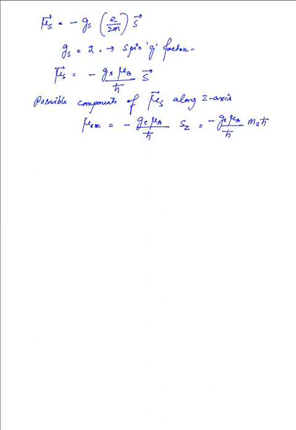So the h bar terms get cancelled out, and we have minus gs mu b times ms. Now because g is 2 and ms is equal to either plus or minus half, from this expression you can also write mu sz to be equal to plus or minus mu b. So this is how it is related to the Bohr magneton.